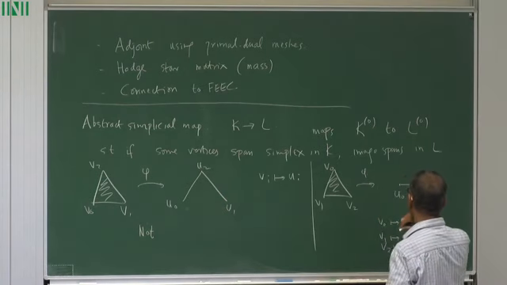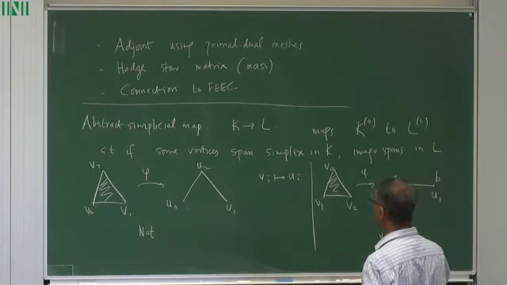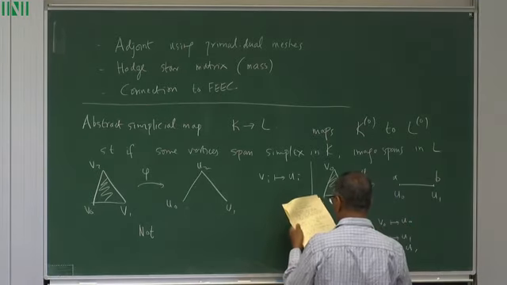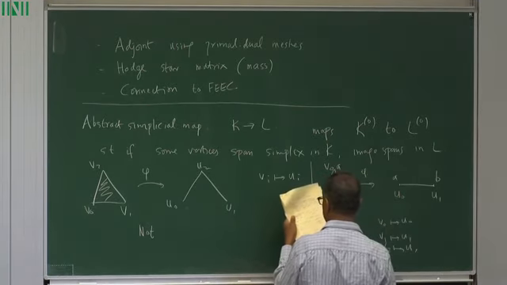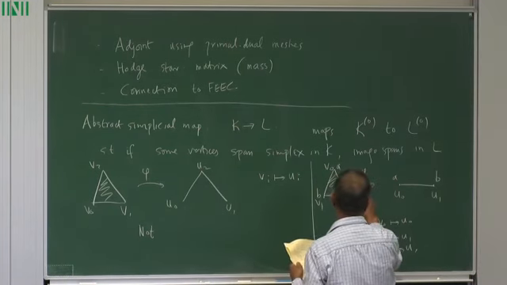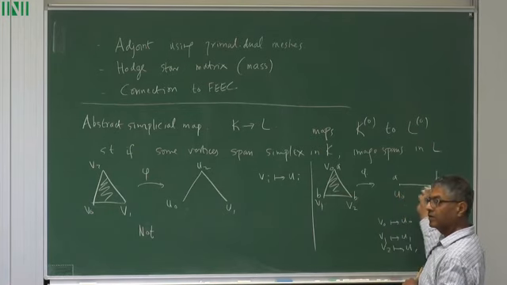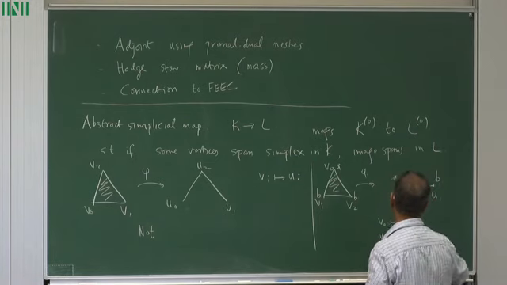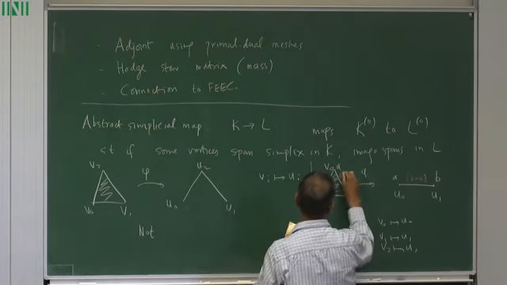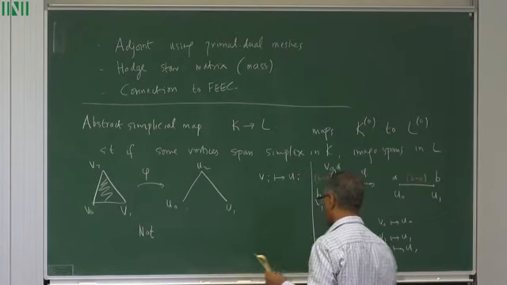And when you pull back under this, if you want d to commute with pullback, you can see what you need to do is that this value should be the same here, this value should be the same here, and this value should be the same here, so that when you take the discrete d of this, which is b minus a, if you pull back that appropriately, you'll end up with b minus a here, b minus a here, and 0 here, and it will give you what you need.